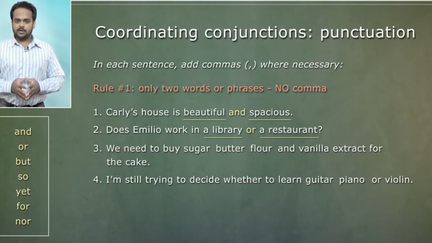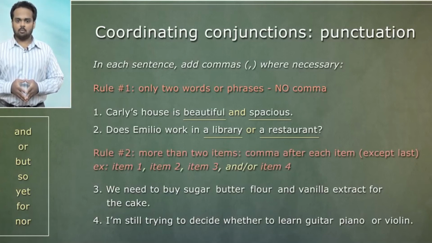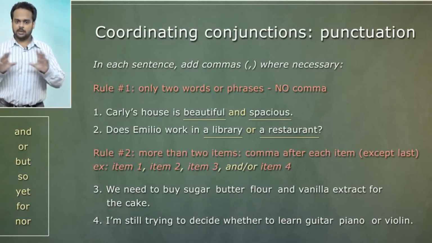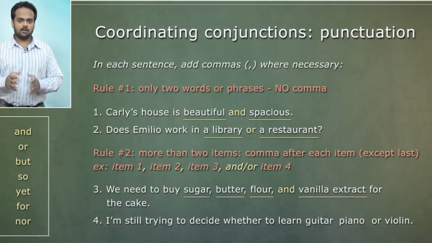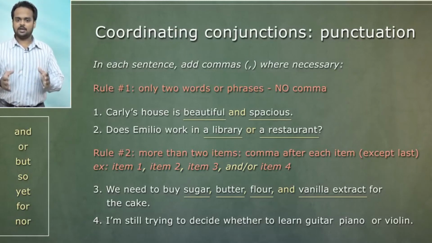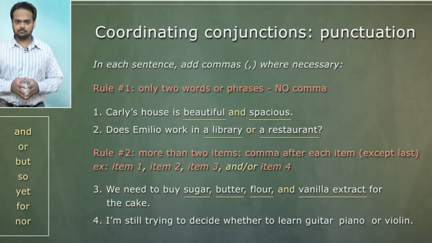In sentences 3 and 4, commas are required. When we have lists of 3 or more items, we use commas to separate them. In number 3, we need to buy sugar, butter, flour, and vanilla extract for the cake.